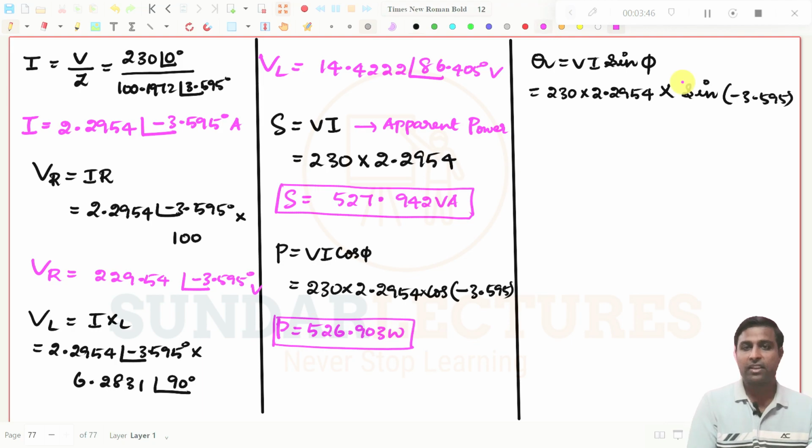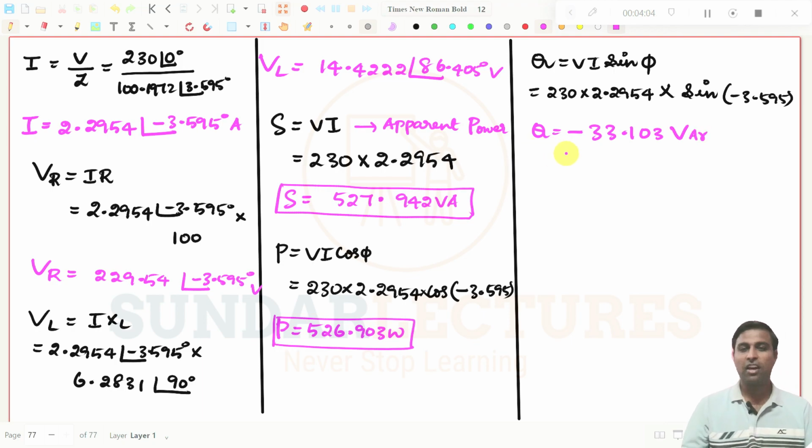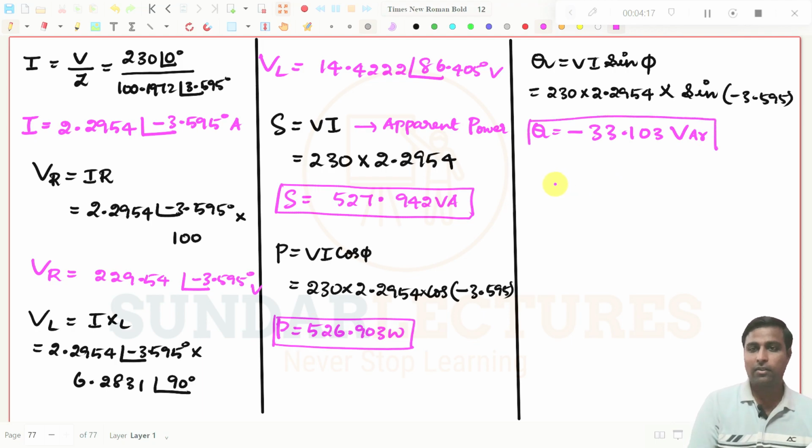So if I further simplify this, I get Q as minus 33.103 VAR. VAR means volt ampere reactive power. This is the normal power we are using, real power, right? So this is the final value of reactive power.